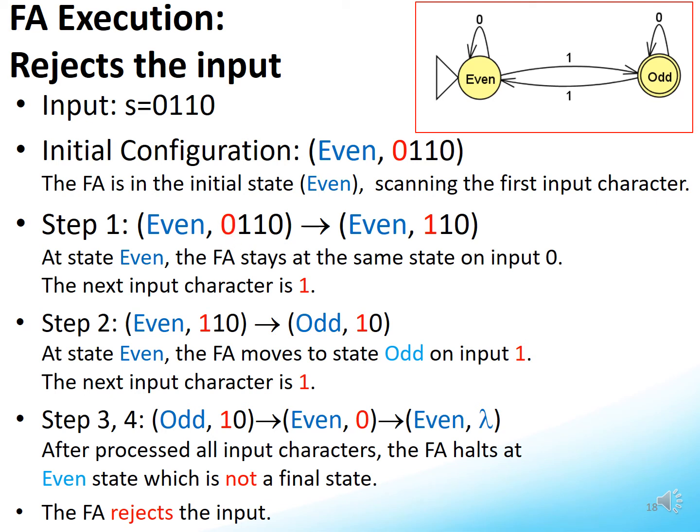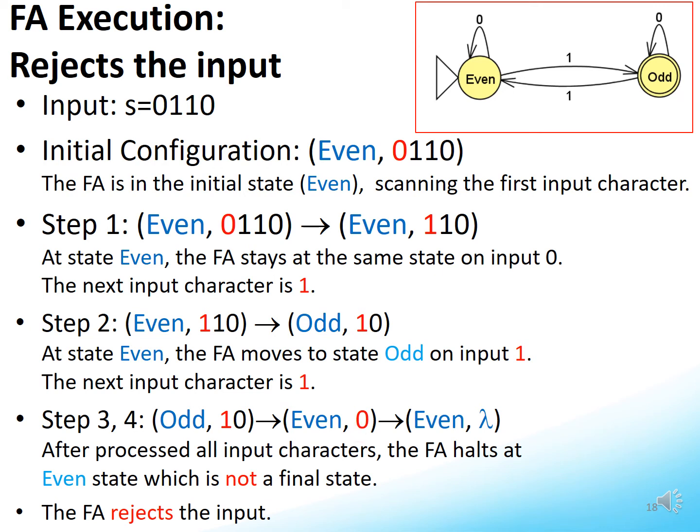The next input is 1. In the even state, when you see a 1, it goes into the odd state. The 1 has been processed, so it disappears. The remaining input is 1, 0. In the odd state, you see the 1, and it goes into the even state. The remaining input is 0.